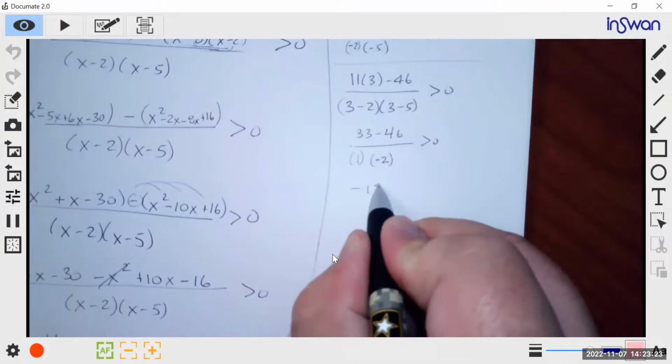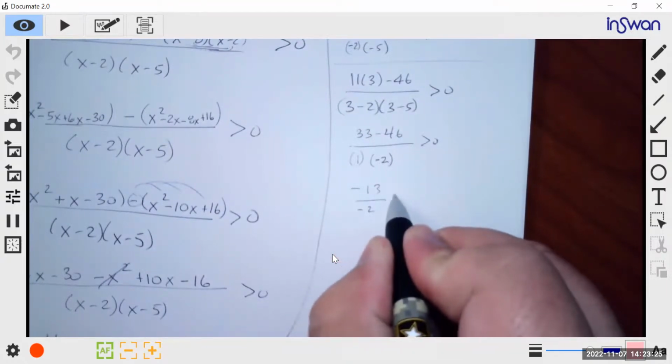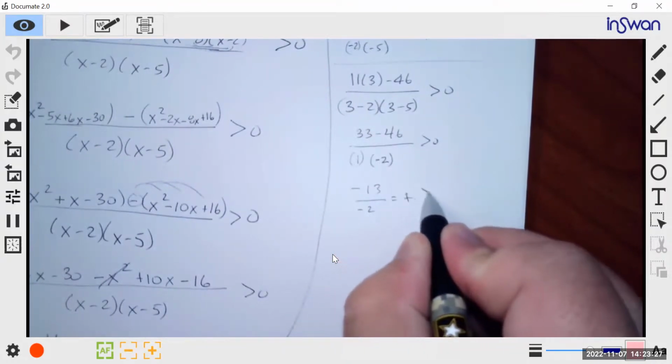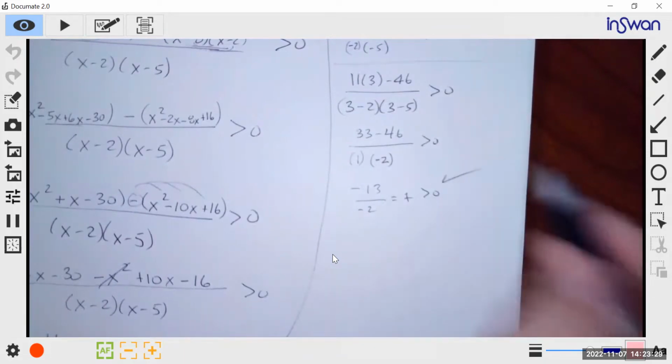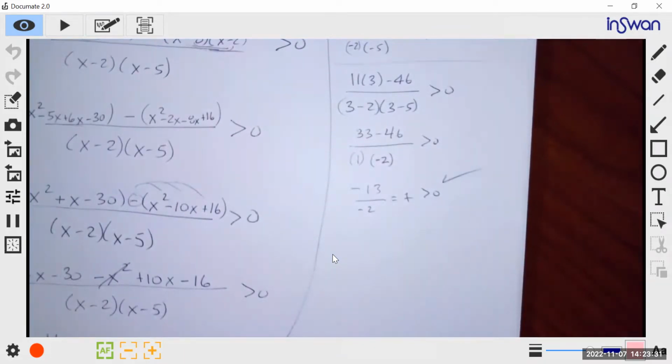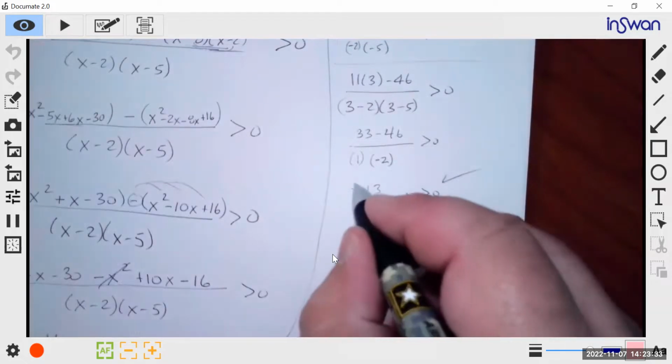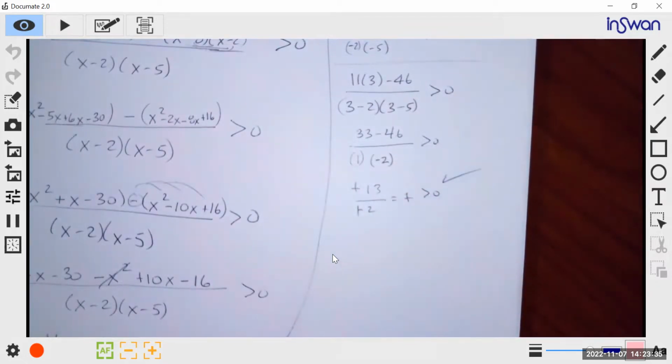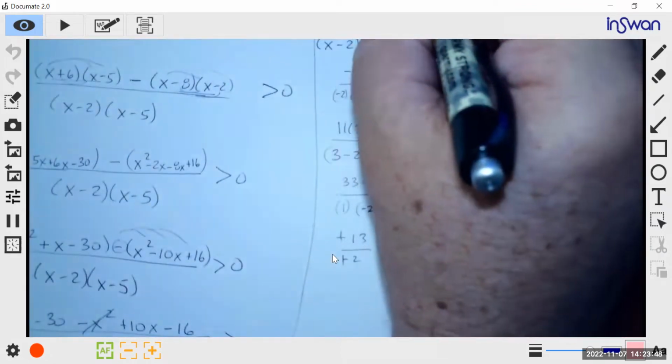So we have negative 13 over negative 2. The answer is positive, so that one works, because the negatives cancel. So we can use this interval.